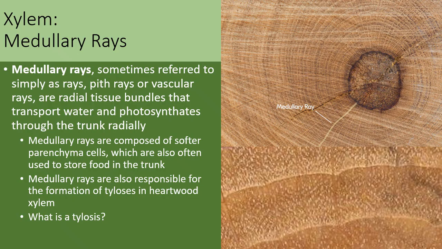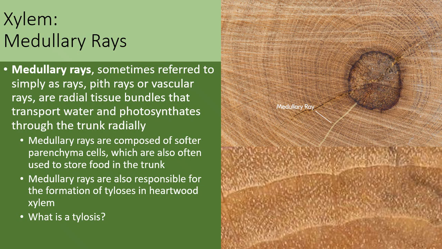Those medullary rays are not really composed of xylem, but they are found within the xylem tissues. They're actually composed of parenchyma cells, which are thinner walled and softer. We'll talk about them more in depth later, but those are actually living tissues within the xylem.